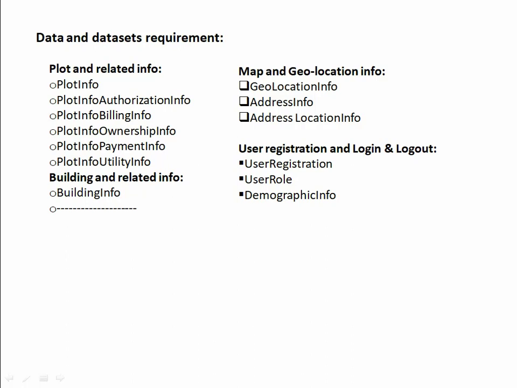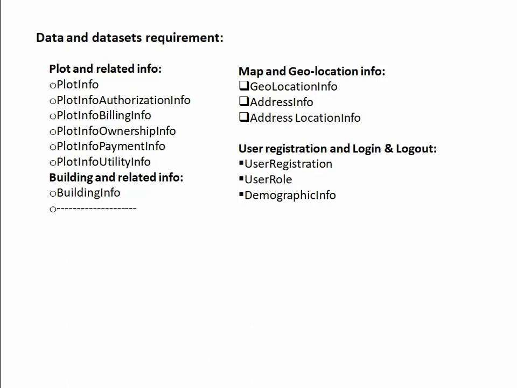Utility means electricity, gas, roads, internet, and this type of thing, because every plot needs to have utilities connected. Billing information means the plot has to pay its taxes or income. Authorization means who will authorize your plot information, the administrative process.